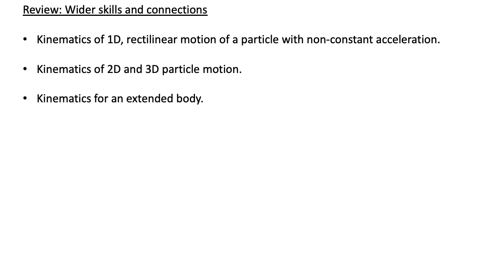Rather trickier, what if you try and extend our model from a particle to something else? Well, something else could be a number of different things. The next obvious thing from the point of view of A-level mechanics is what we would call extended bodies. So rather than a particle where all the mass is concentrated at a point, what if the mass is extended?